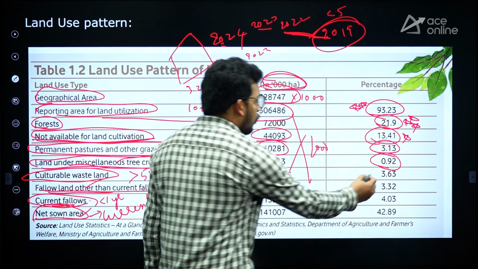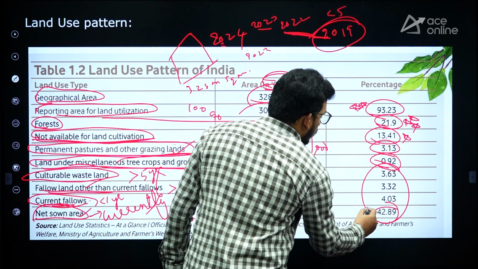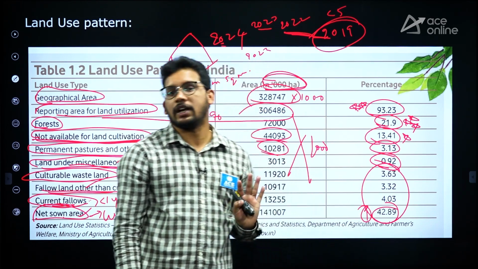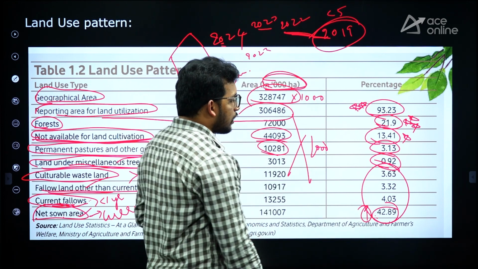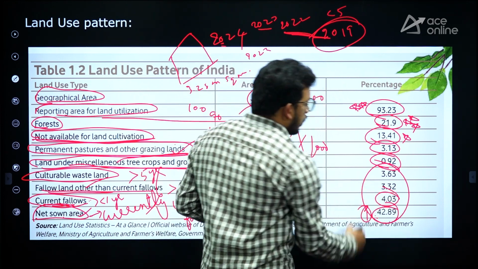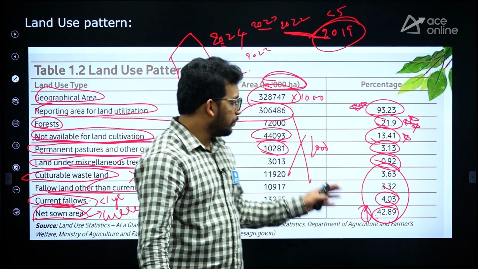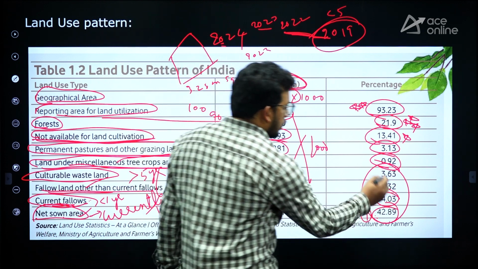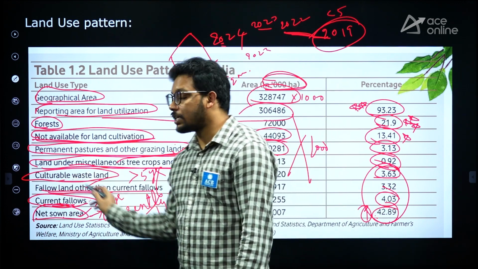So out of these 4 things, obviously net sown area is more, right? These 4 are the ones which are suitable for agriculture. So this is the highest, net sown area, and then followed by current fallow lands. That means in the last 1 year we did not use it, but before that we have used it. Then we have culturable wasteland.